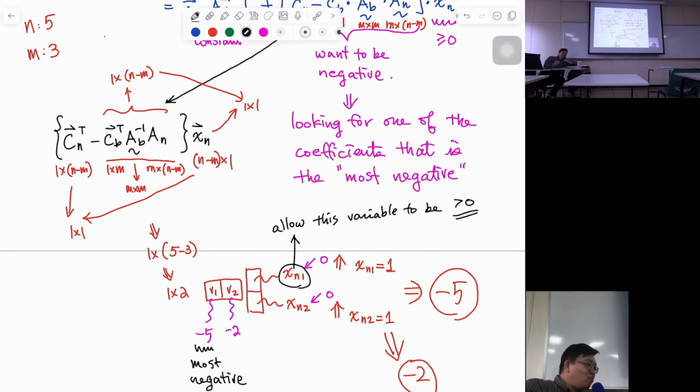Now, if I already pick one variable, I want the variable to increase its value from 0 to a certain positive value. Whenever I do that, I need a constraint to remain satisfied.